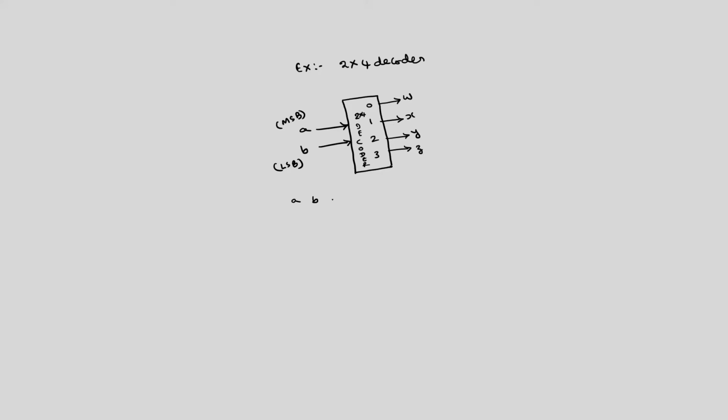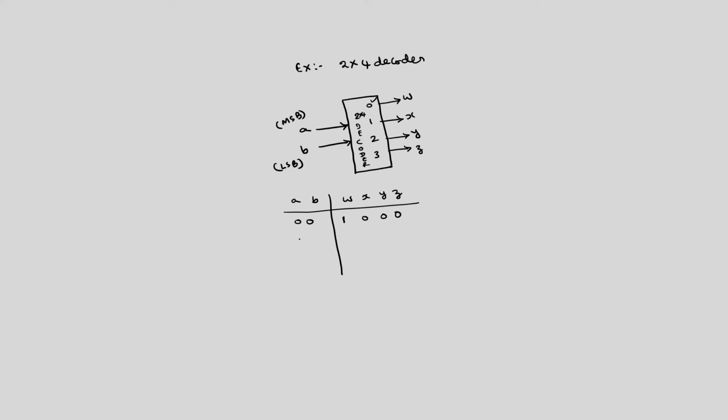So, A, B, W, X, Y, Z. For 0 0, output W will be selected. If I use the positive logic, selected means 1, not selected means 0. So W is 1, these are all not selected, 0. For 0 1, X is selected because X is connected to 1 input. For 1 0, Y is selected.